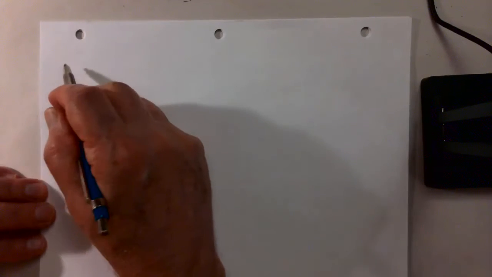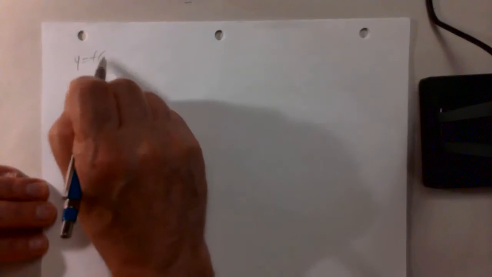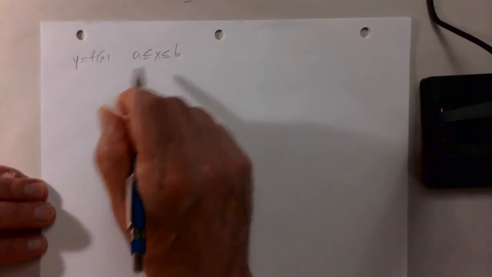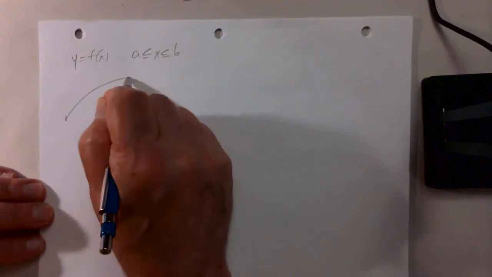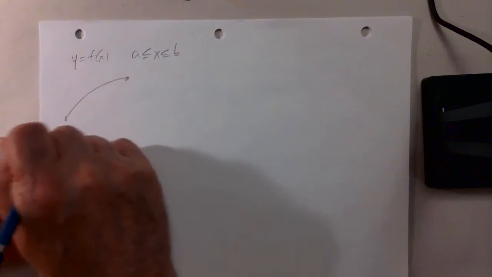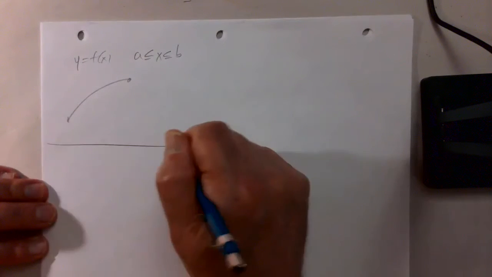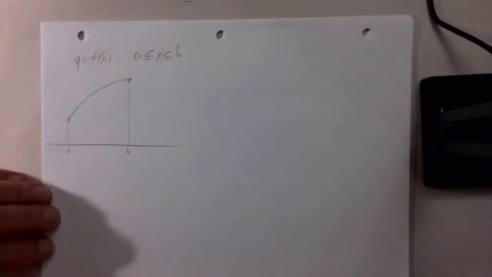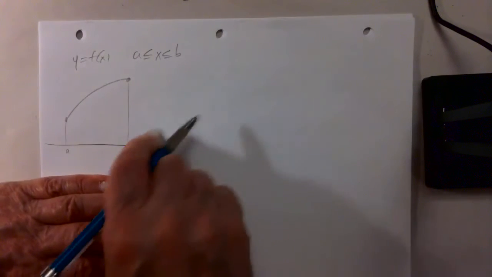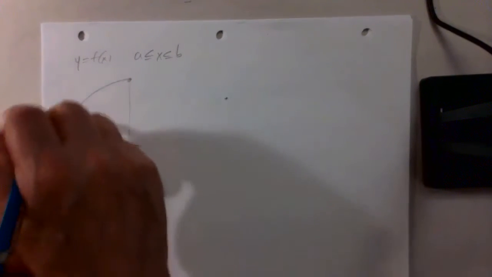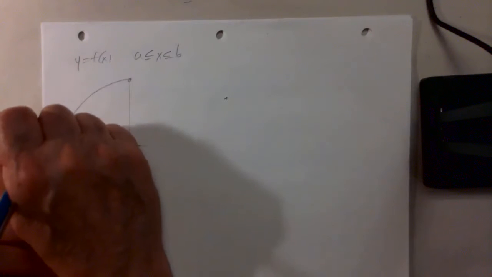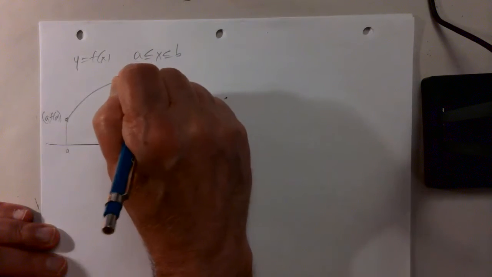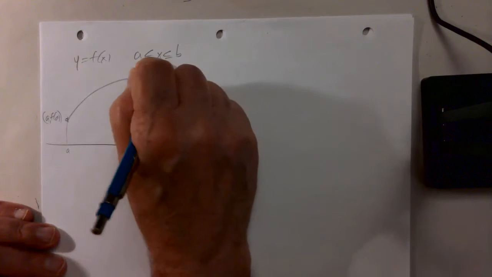So suppose we have a function y equals f of x, and we look at the graph of this function, the curve, from A to B. So let's say this is the x-axis, this is A, this is B. So on the curve, this point has coordinates a comma f of a. This point has coordinates b comma f of b.